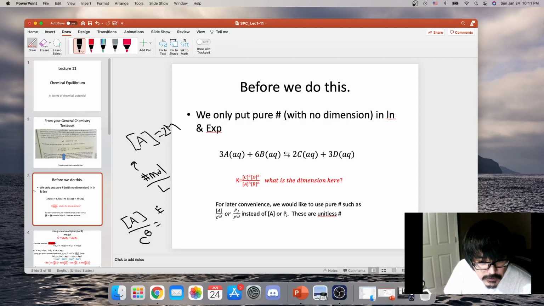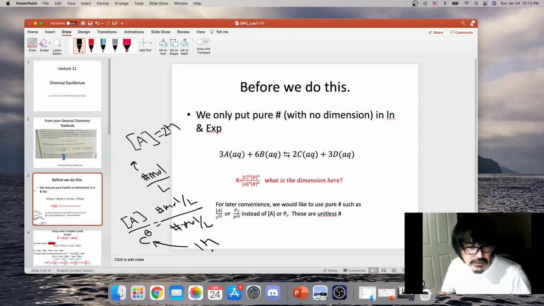That's the number of moles per liter divided by the number of moles per liter. This is just a 1. This means it's a 1 molar of whatever the thing is. So it's unitless. The whole thing is just going to cancel, and then this is just a number for each one of these.